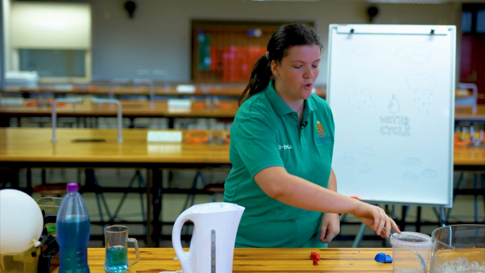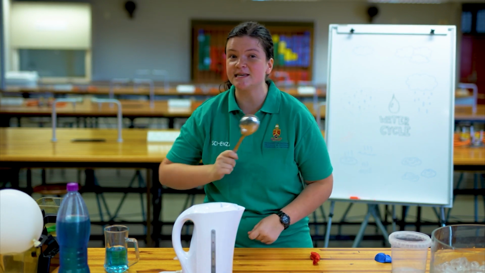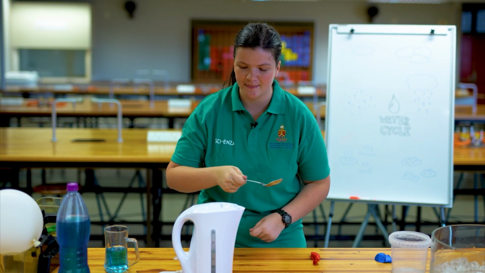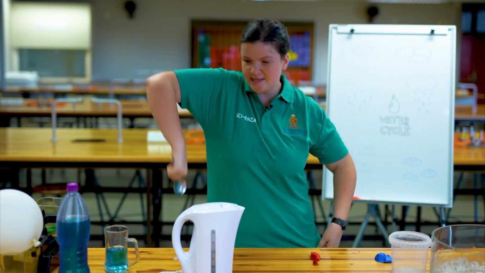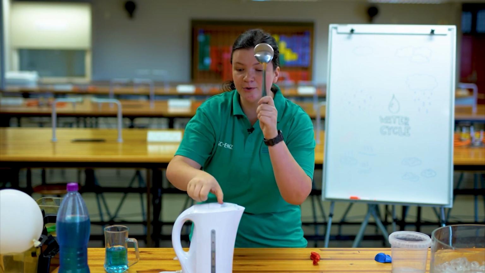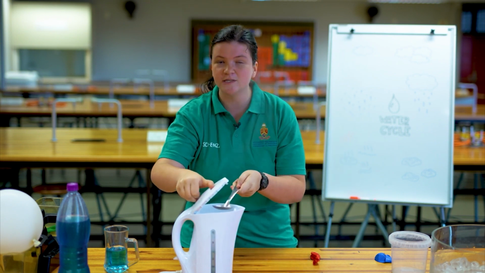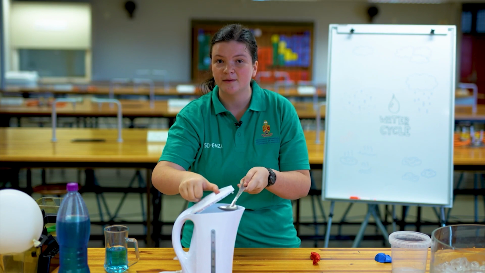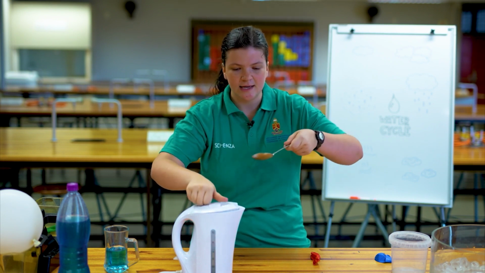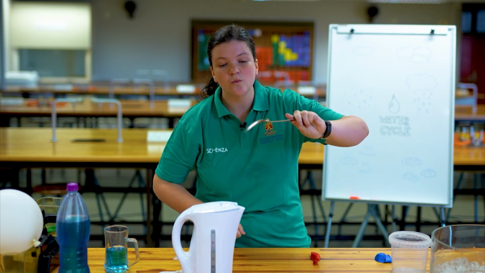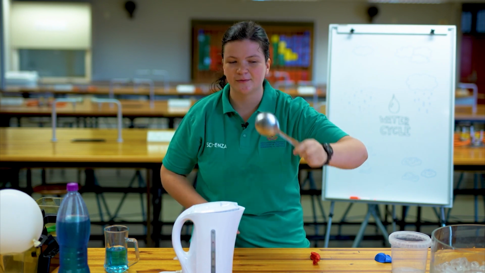But we can also turn the steam back into water. If we have a spoon, completely dried, and we hold it over water vapor and we give it a few moments, then you'll see there's liquid, there's water all over the spoon.